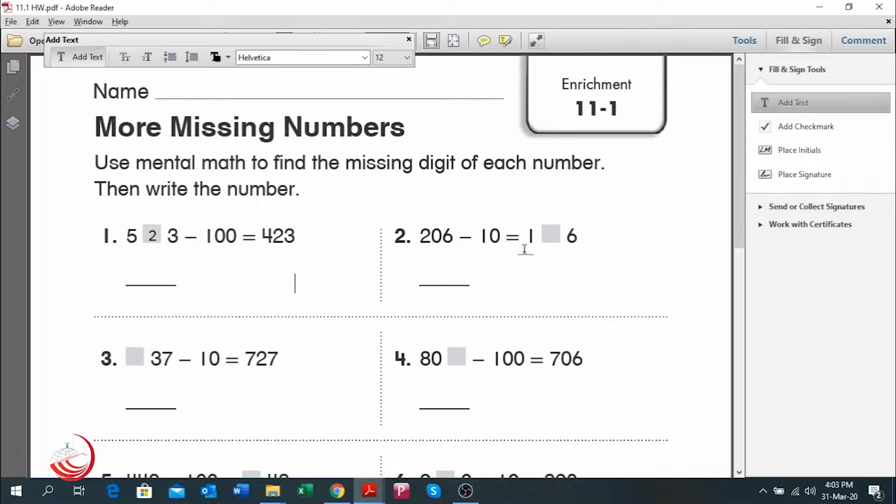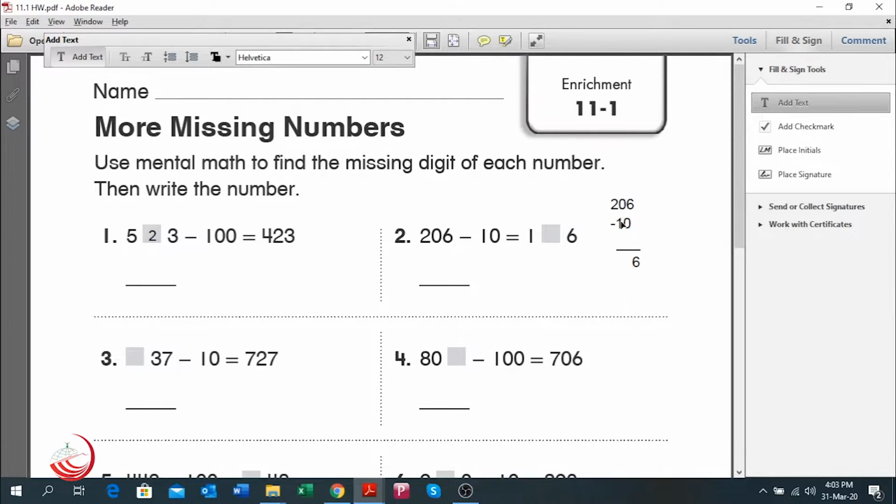206 minus 10 equals, again with this one. Here we have 206 minus 10. 6 minus 0 equals 6.